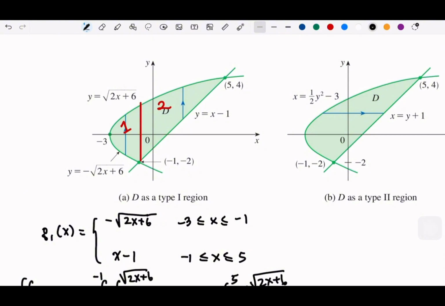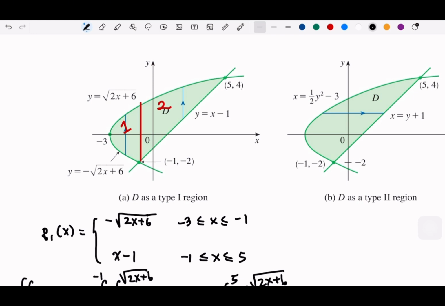Both ways work, but the first way takes more work, with many more computations and calculations.